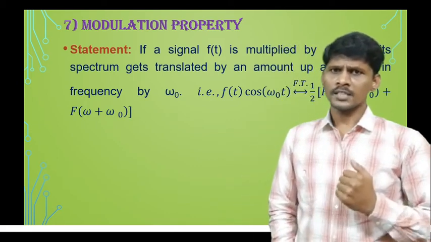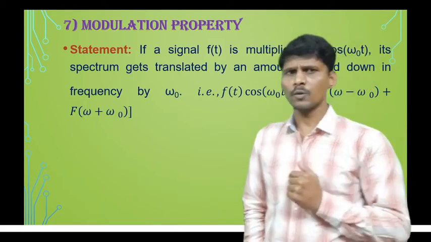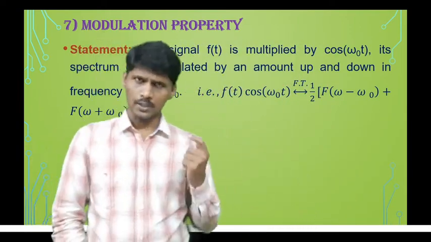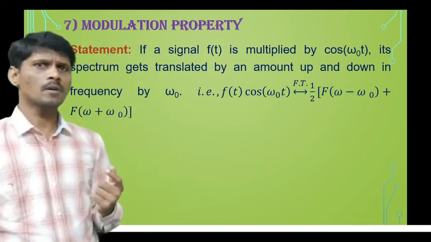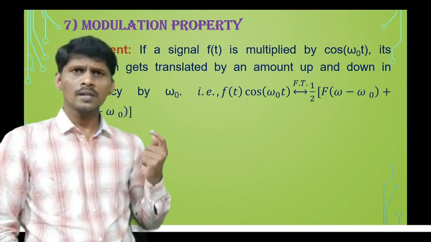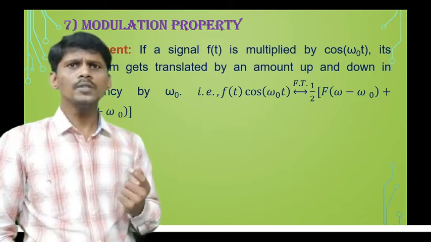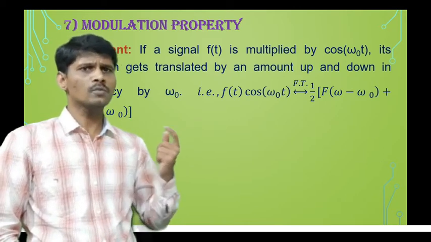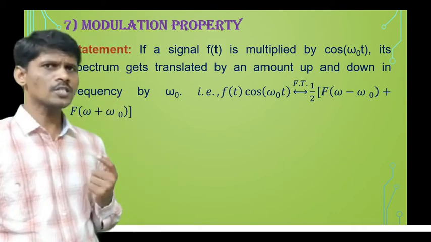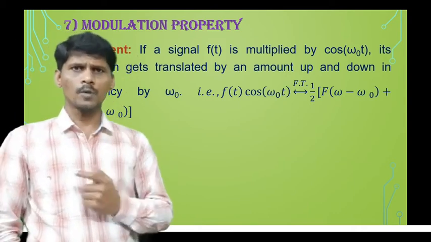Its spectrum gets translated up and down in frequency by omega naught. That is, the Fourier transform of f of t into cos of omega naught t is 1 by 2 into F of omega minus omega naught plus F of omega plus omega naught. So this is the statement of the modulation property.